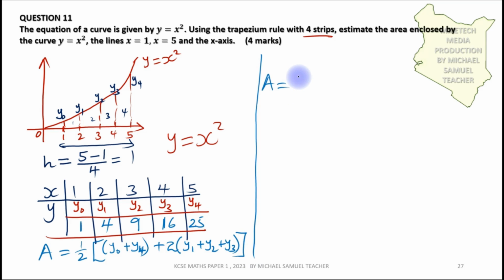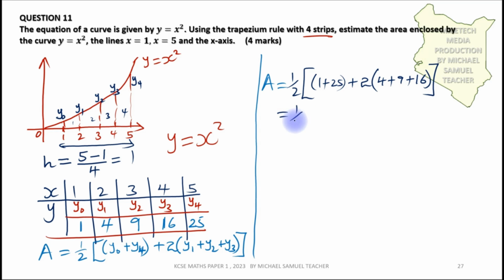So we shall have a half, then the square bracket, y0 is 1 plus y4 is 25, close the bracket, then plus twice the sum of the other heights, y1 is 4 plus y2 is 9 plus y3 is 16.